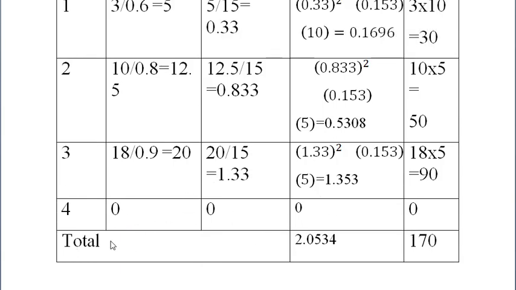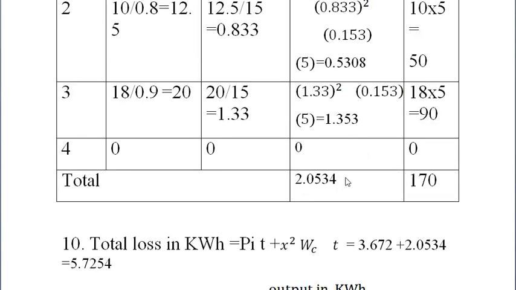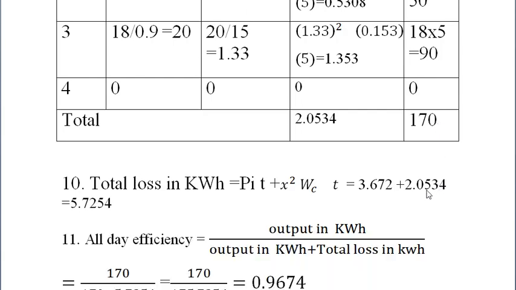If we write here total, we can calculate the total copper loss in kilowatt hours, and if you add all this, then we get the output in kilowatt hours. And then we can calculate what is the total loss in the distribution transformer. What are the total losses? Constant losses, that is iron loss, and copper losses. Constant loss is nothing but iron loss.